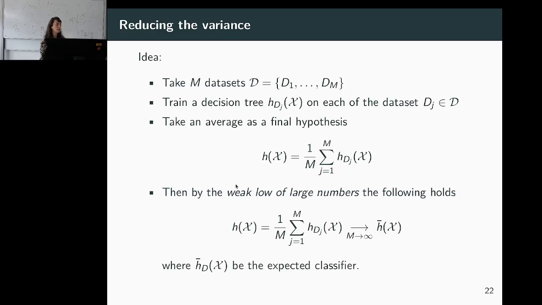If our number of data sets goes to infinity, then our classifier, so this whole classifier which averages the predictions, will go to the expected classifier, will be really, really near. So this is the law which actually exists, and it holds, and it's fine.